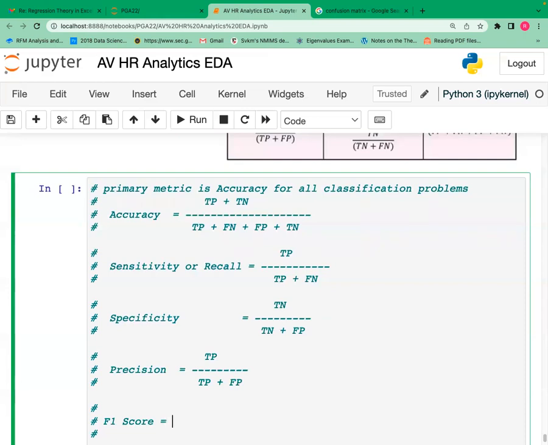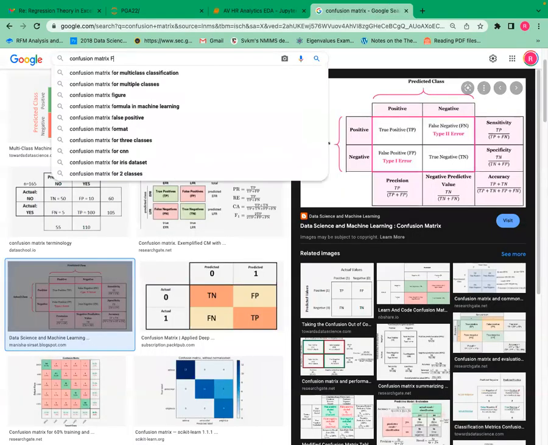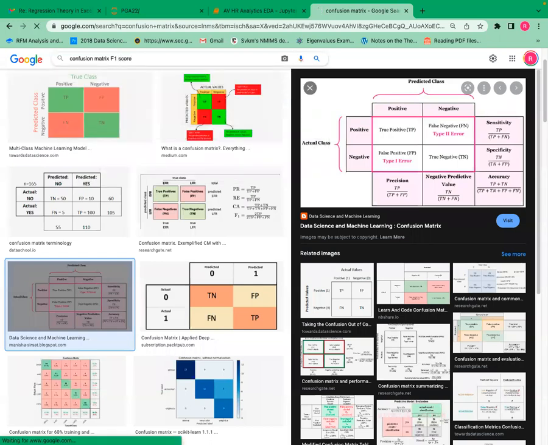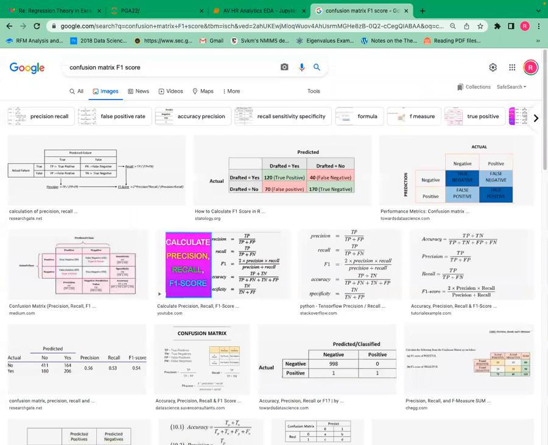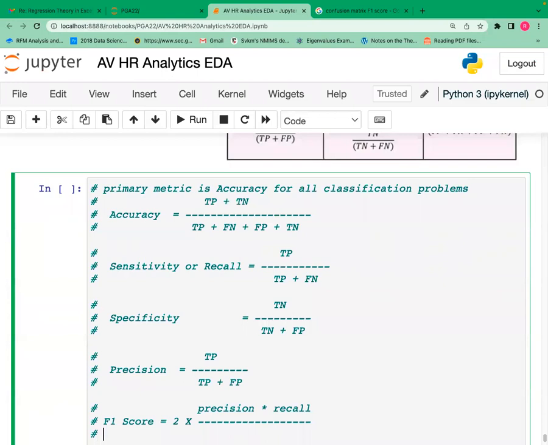F1 score is equal to 2 into precision into recall divided by precision plus recall.